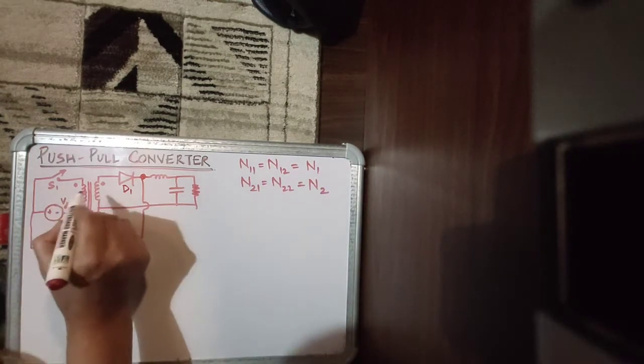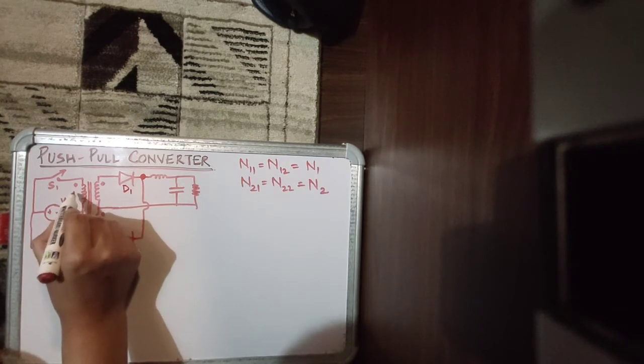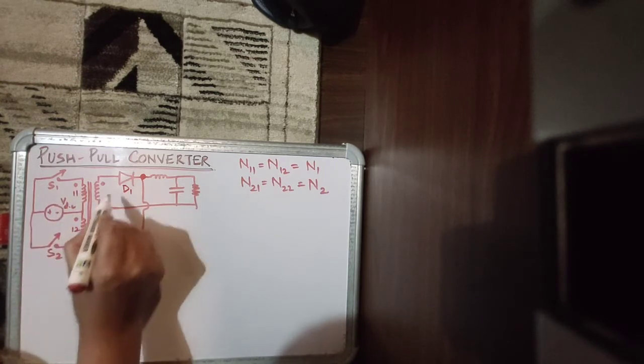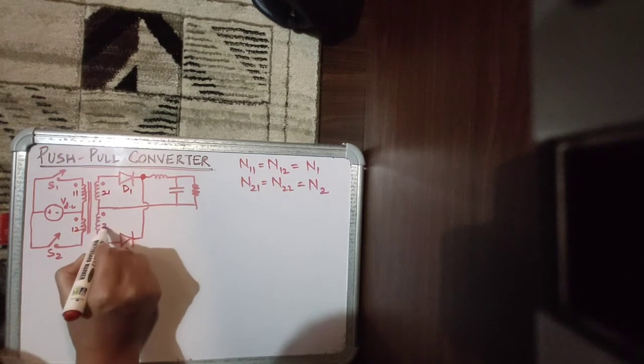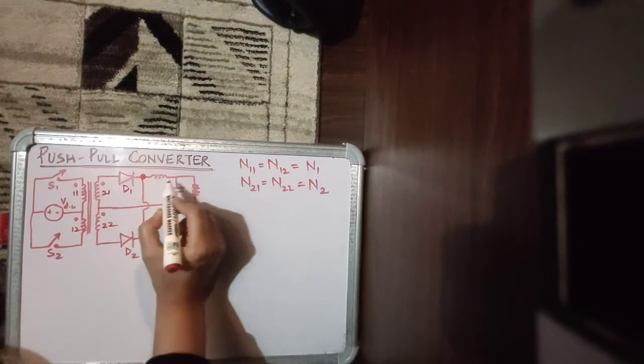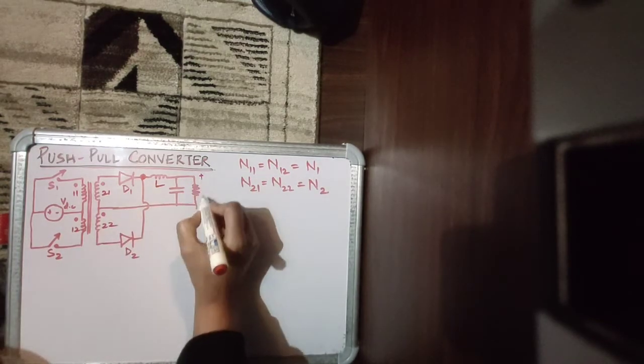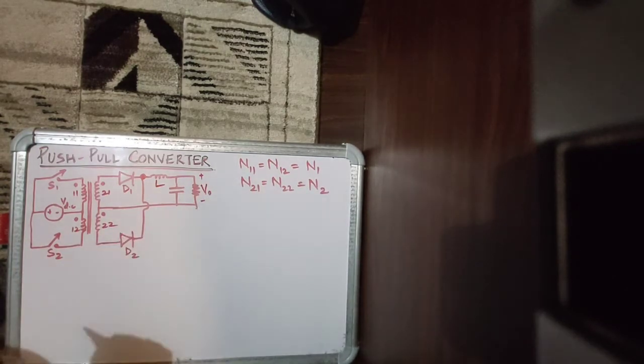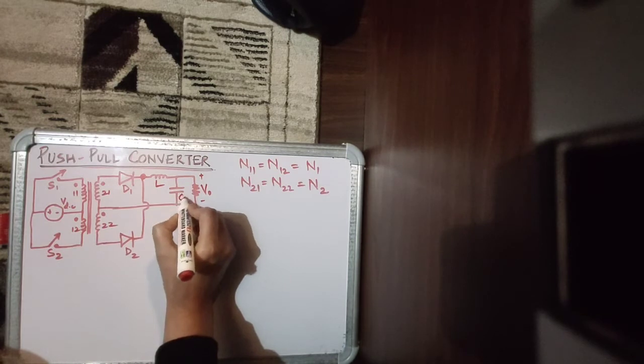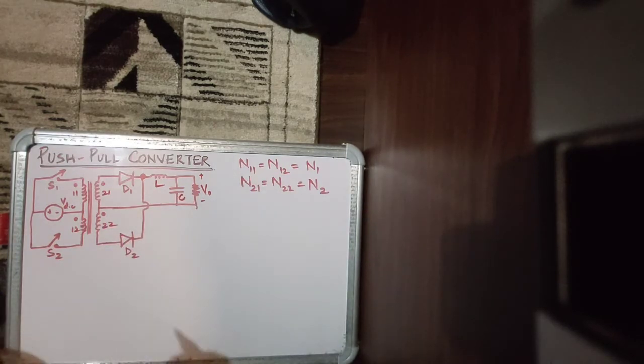This winding is 1-1, this winding is 1-2, this winding is 2-1, and this winding is 2-2. And you also have an inductor, two diodes and two switches, and this is the output voltage of the converter with the capacitor as a filter, and obviously also to take care of the inductive energy.